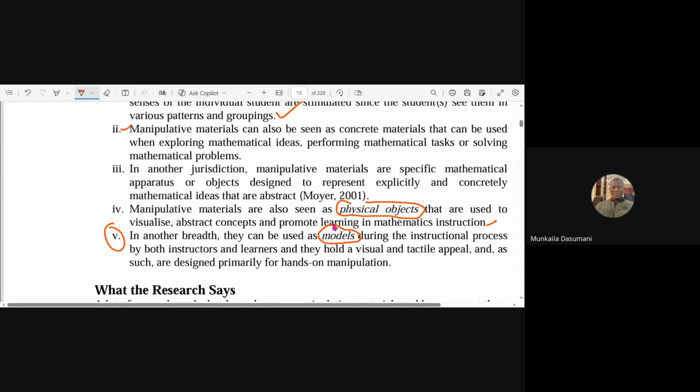Manipulatives can be used as models during the instructional process by both instructors and learners, and they hold a visual and tactile appeal as such. So they are designed primarily for hands-on manipulation. So that is another way we can use manipulatives as models during teaching to make teaching very easy. So that is the general idea of mathematical manipulatives.